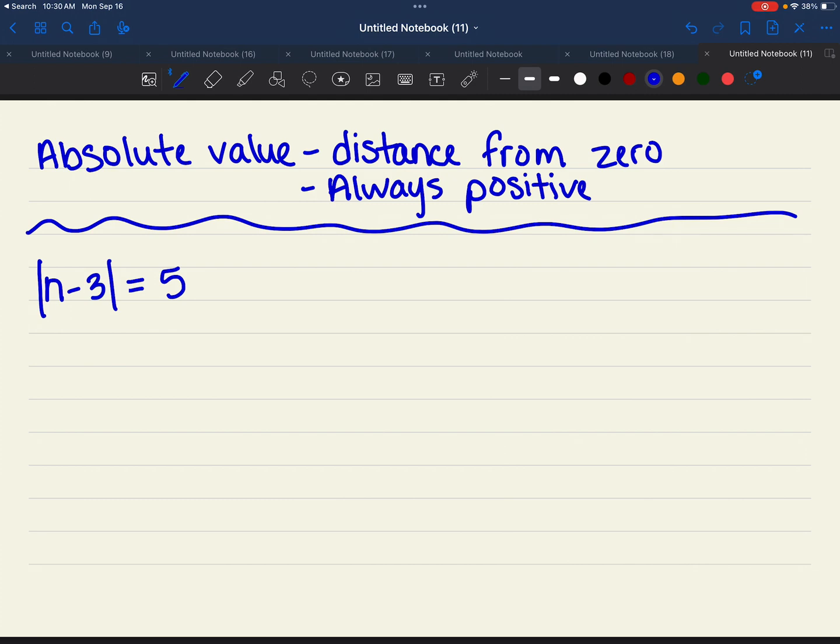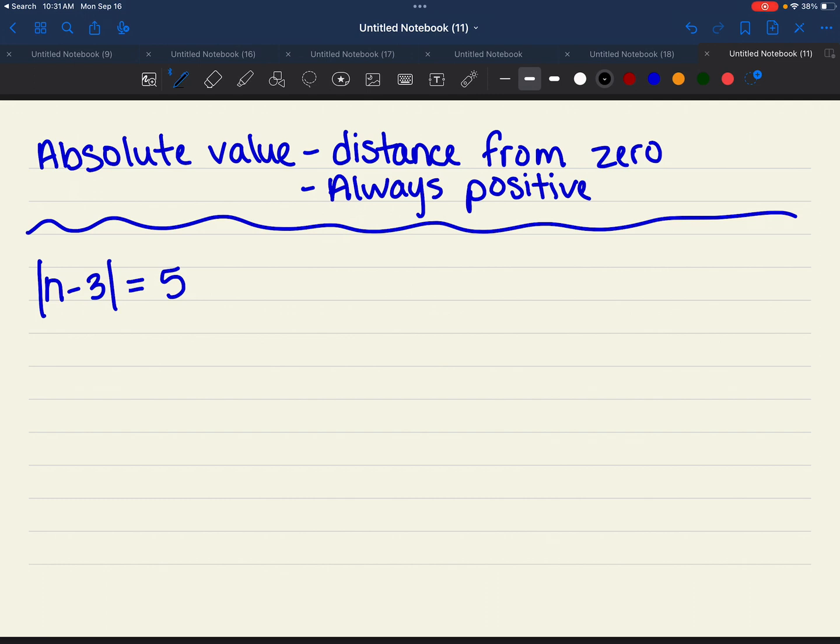So how many answers do you think we're going to get when we solve absolute value equations? 2, right? Every time we're going to write out 2 equations. Our first one is going to look exactly like this, but we're going to drop the absolute value. So what equation would that be?